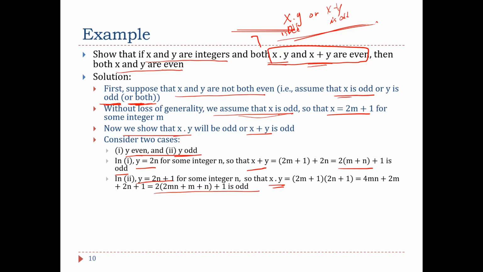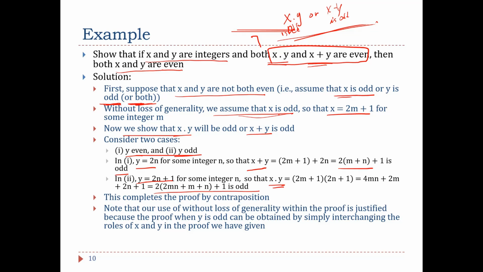And this concludes the proof. So this completes the proof by contraposition, because we can reformulate it as: when x times y and x plus y are both even, then necessarily x and y must be even.